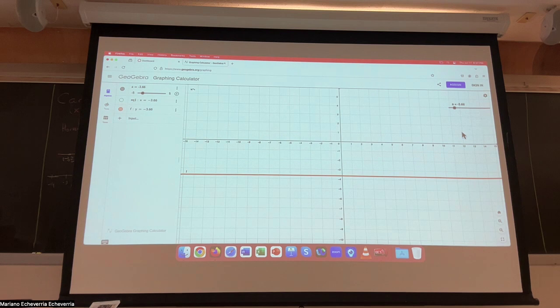For the vertical line, x equals a fixed number. For the horizontal line, y equals a fixed number.